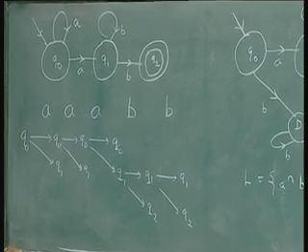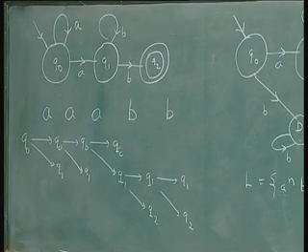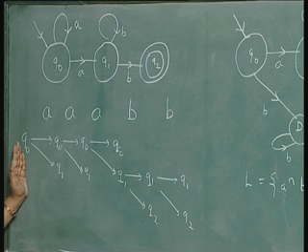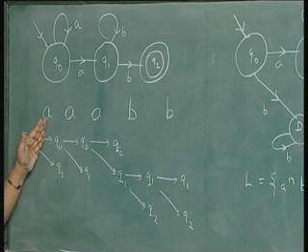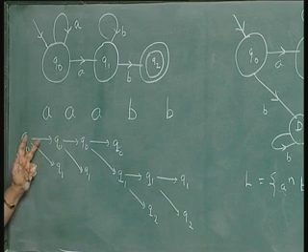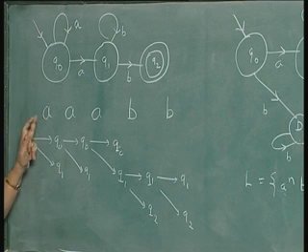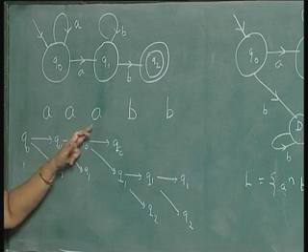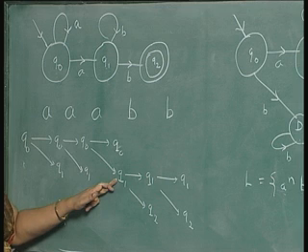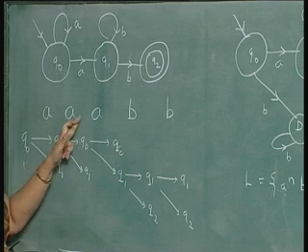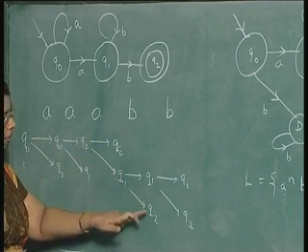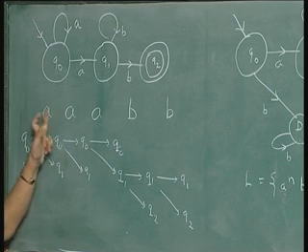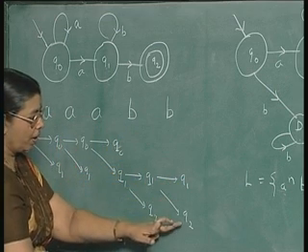So, looking at it this way, from Q naught after reading A, it is possible that you can be in Q naught or Q1. After reading AA, you can be in Q naught or Q1. After reading 3 A's, again you can be in Q naught or Q1. After reading AAAB, you can be in Q1 or Q2. After reading AAABB, you can be in Q1 or Q2.